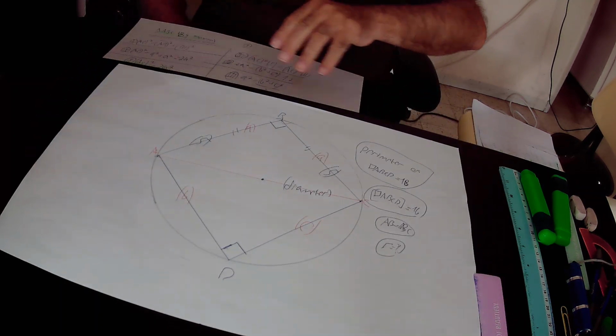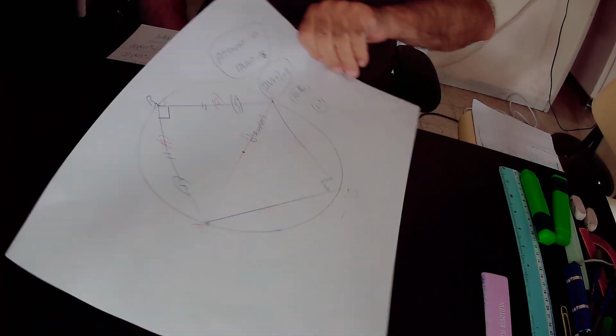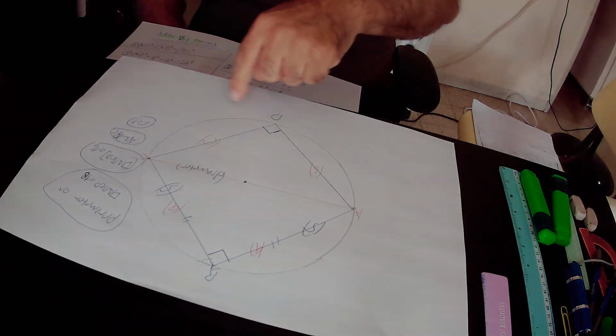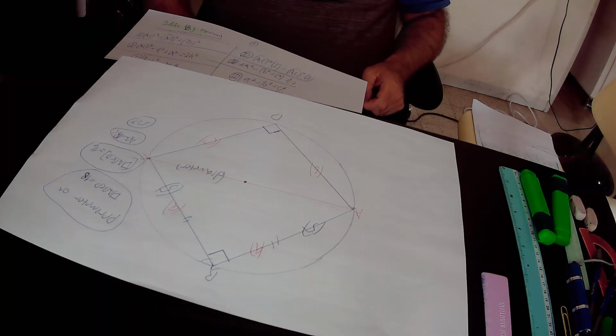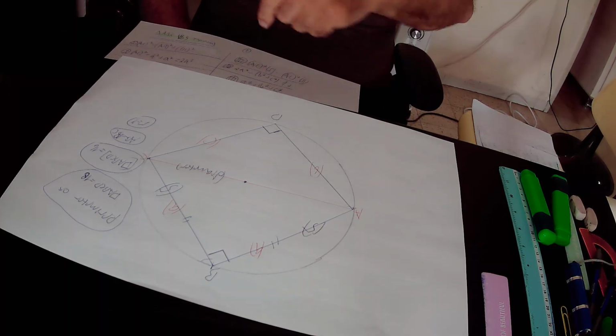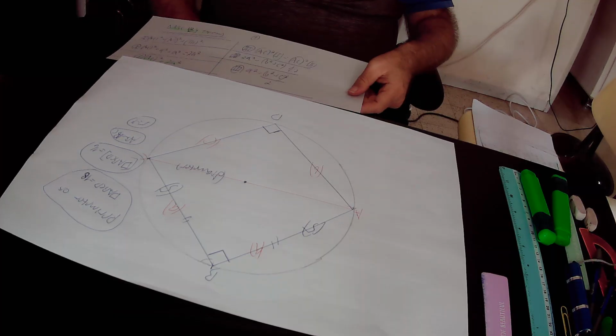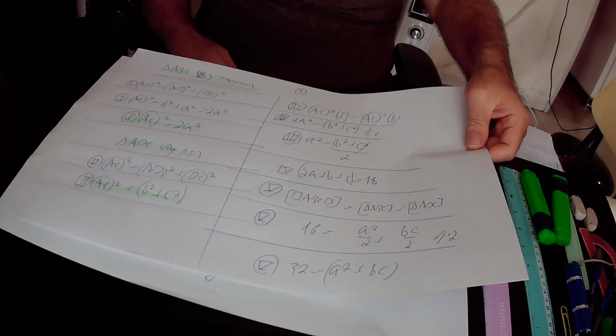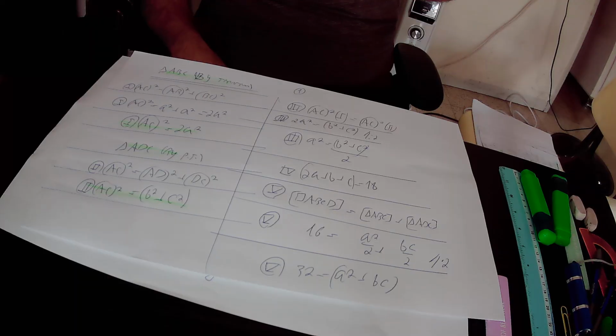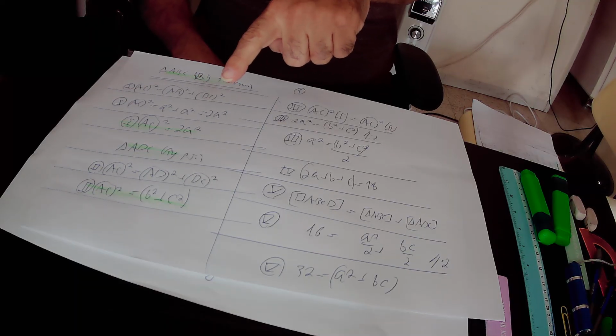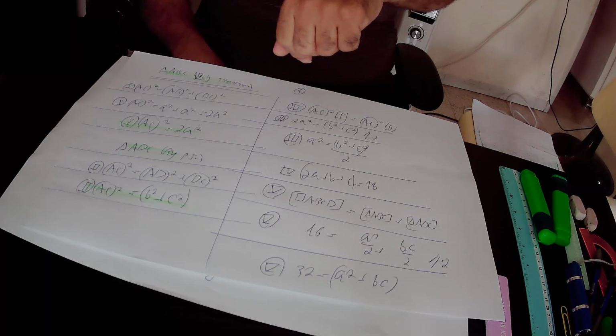The next step, implement the Pythagoras theorem on this right triangle ADC. According to the Pythagoras theorem, in right triangle ADC, AC square, that is the square of the hypotenuse, equals AD square plus CD square.